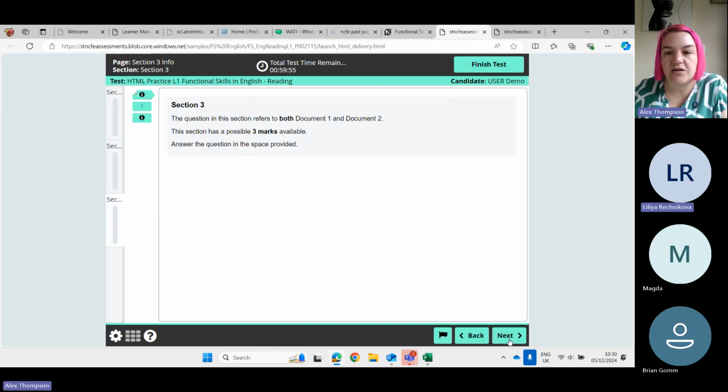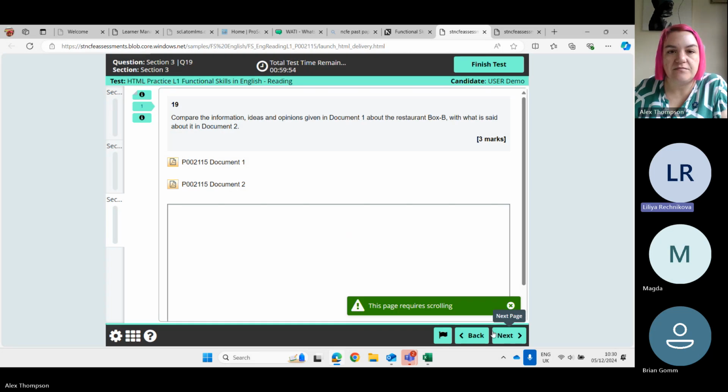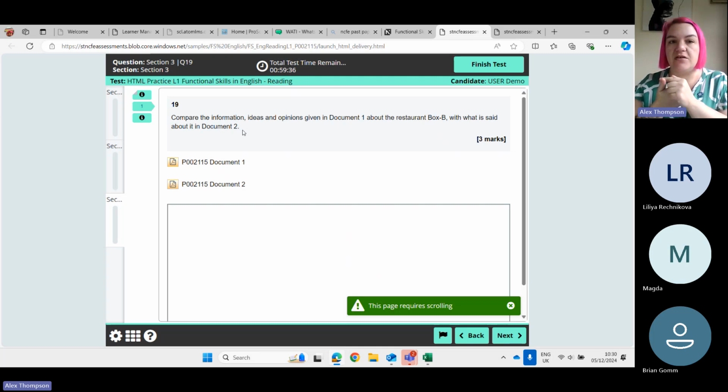So on a level 1 paper, oh look, compare the information, ideas and opinions given in document 1 about the restaurant Boxby with what is said in document 2. The first 2 that we've looked at said, tell us about the ideas or the views given, use quotes, and tell us about the language. At level 1, it asks us to do less of that.